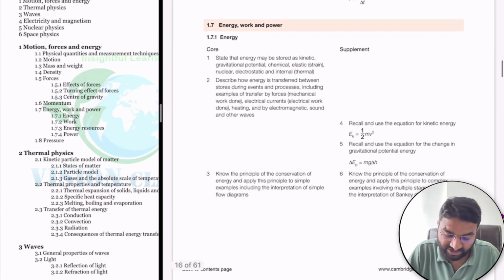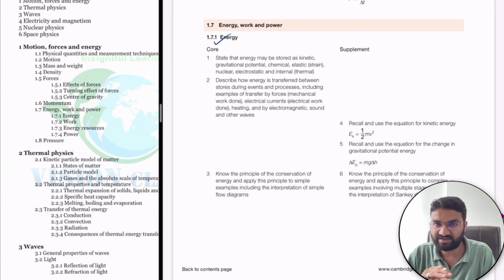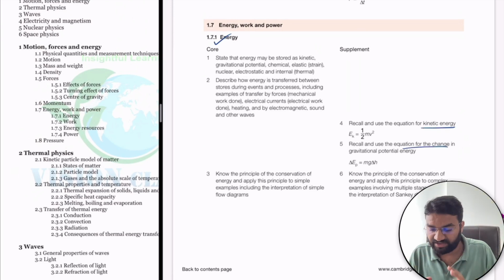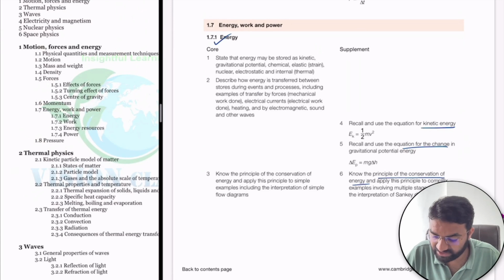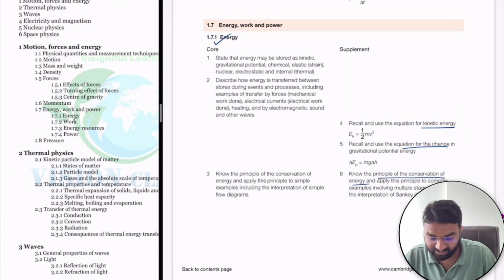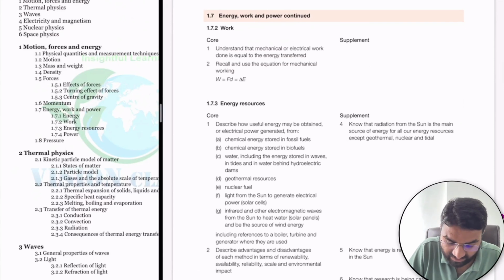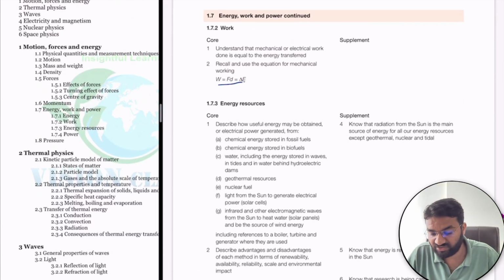Then next, the energy concept. The basic energy concept and their forms are there for both core as well as extended students, but extended students have kinetic energy and potential energy based examples. Then the principle of conservation of energy, then complex examples. Next, work is equal to F times D displacement.